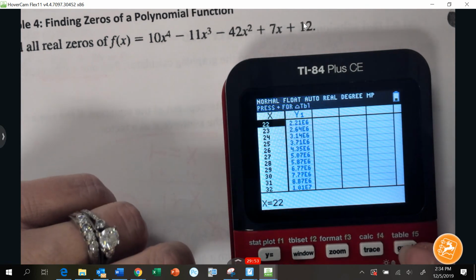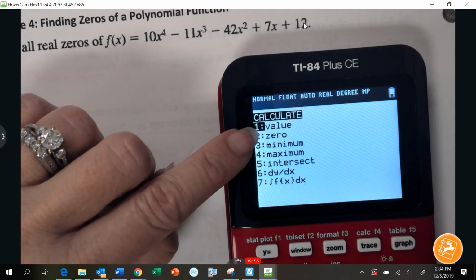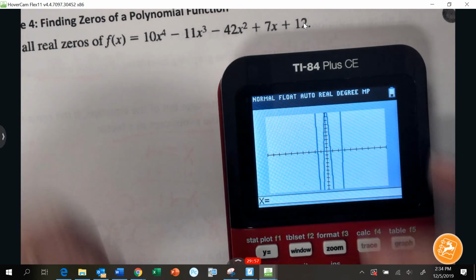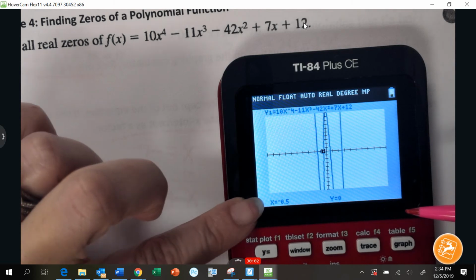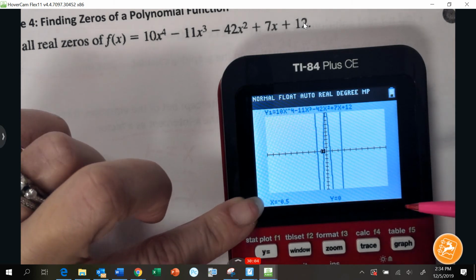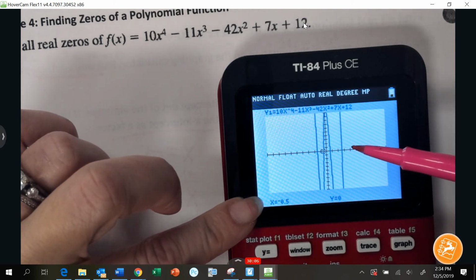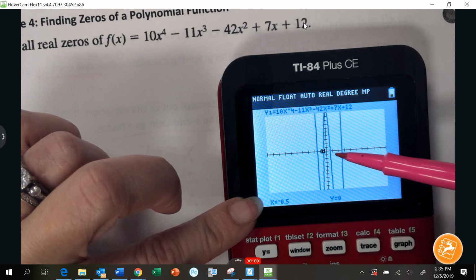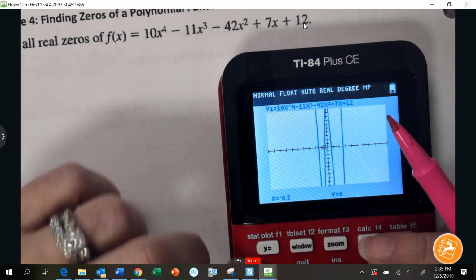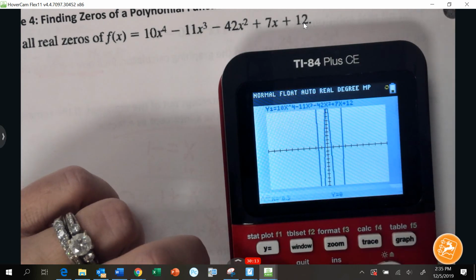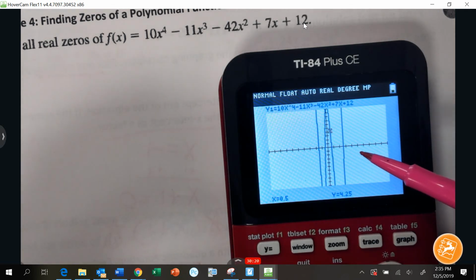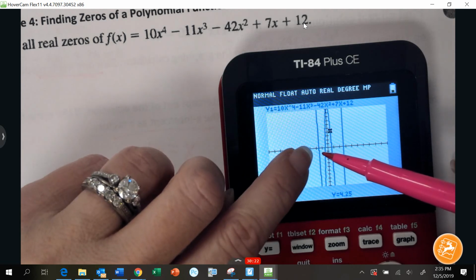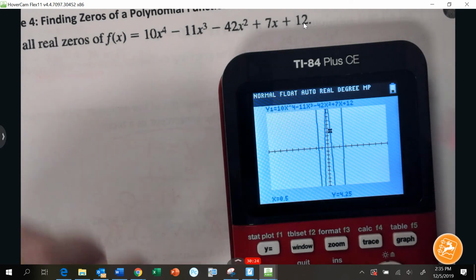I'm going to do second trace value and see if it's negative a half. Negative 0.5. It is. That one kind of looked like negative a half. Okay. I'm also going to see if maybe the one next to it is positive half. Nope, it's not. So maybe it's this one. Maybe this one's negative 1.5. This one might be negative 1.5.